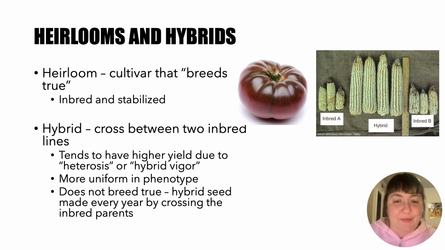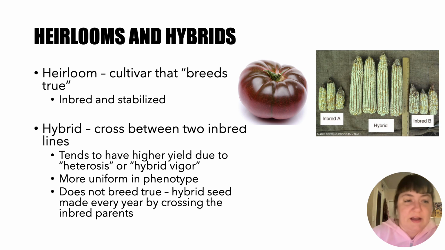A couple important terms when it comes to plant breeding are heirlooms and hybrids. Heirlooms are called that because they were passed down in families. It refers to any kind of older variety that was passed down across the years.